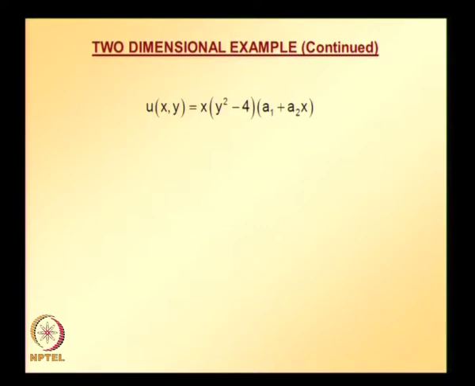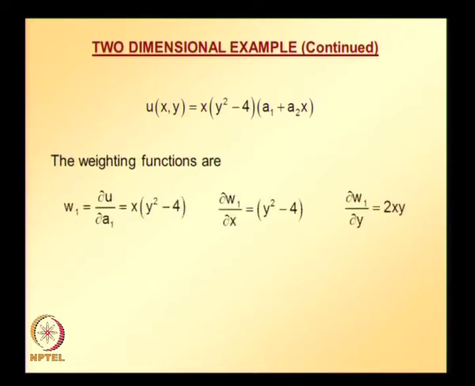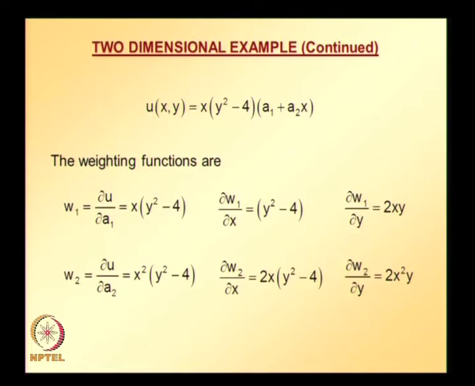So, the first weight function is given by the partial derivative of u with respect to a1, and the second weight function is given by the partial derivative of u with respect to a2. So, the weight functions are like this: w1 and the derivative of w1 with respect to x, and with respect to y. Similarly, w2 and the derivative of w2 with respect to x, and with respect to y.